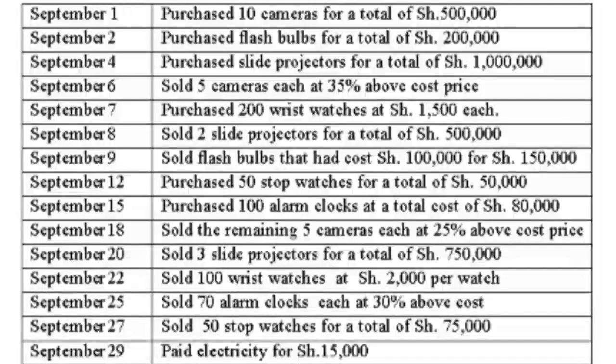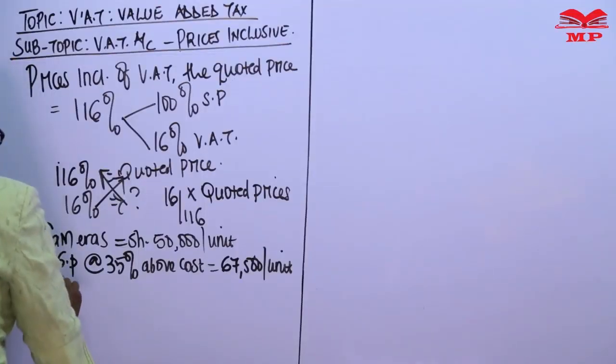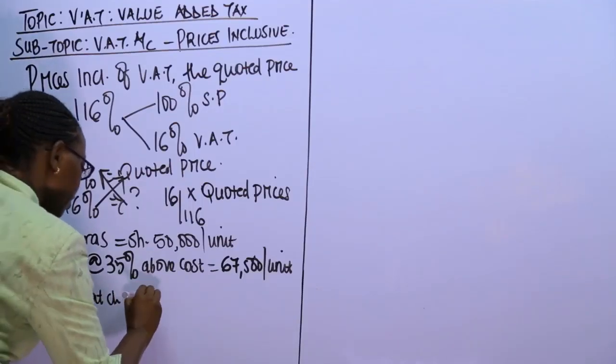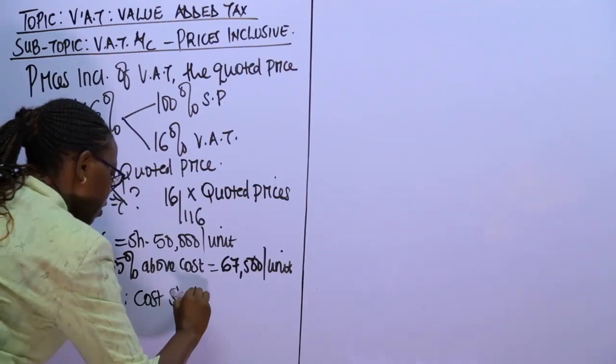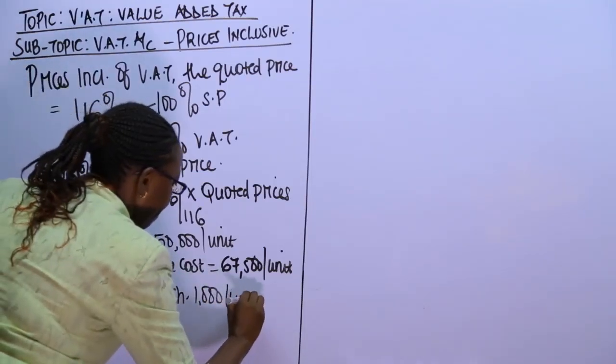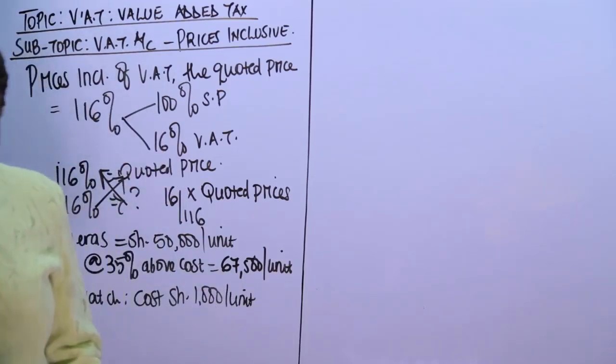We can indicate that the cost is 1,000 per unit. Because we are buying, that is input VAT.